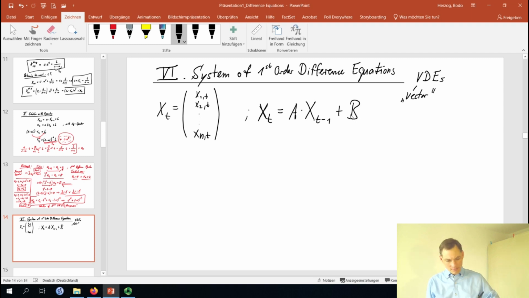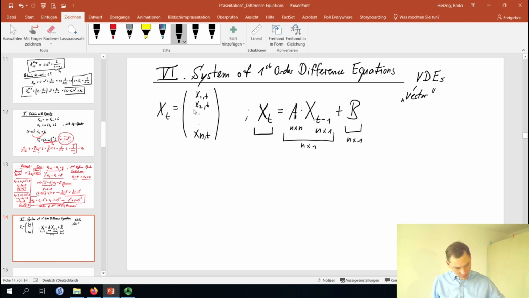Now, if this vector, as we have seen, is an n by 1 vector, then this matrix is, of course, n by n, so that we obtain an n by 1 vector. My B is also an n by 1 vector, and on the right hand side my X of t is an n by 1 vector. And you see, an n by 1 vector plus an n by 1 vector gives me an n by 1 vector.